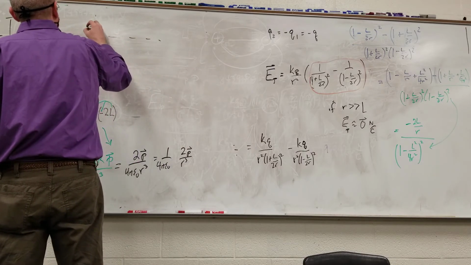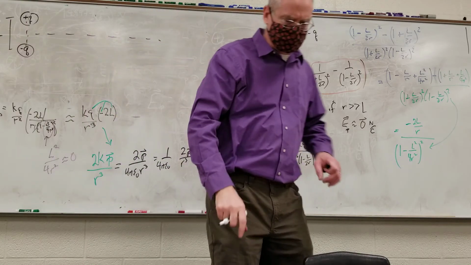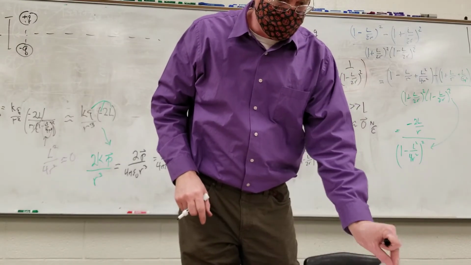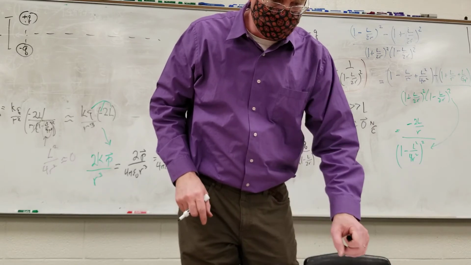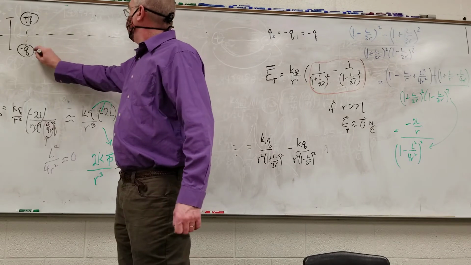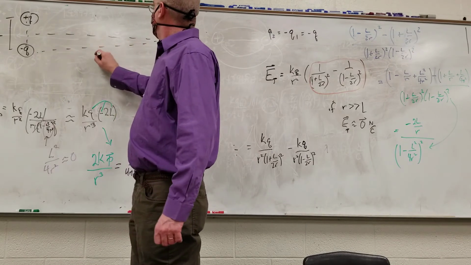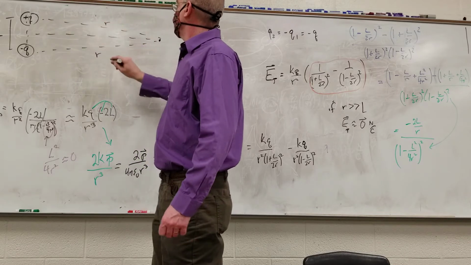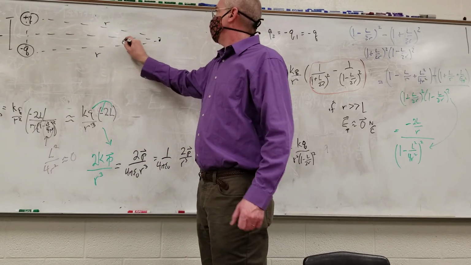Some distance, R, ultimately it's going to get washed out. So that distance there is R, and naturally that distance there would be R also. This angle here is theta.